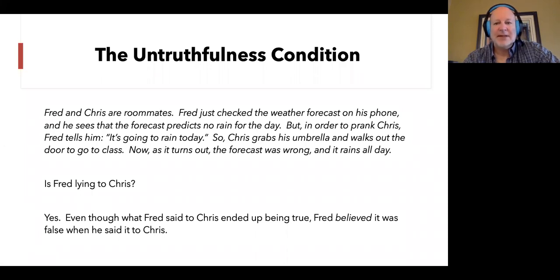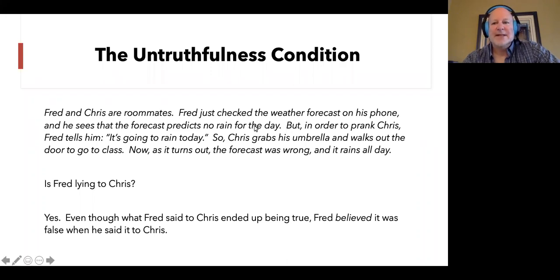He does believe that it's false. He thinks it's not going to rain today because he read the weather forecast, right? So he's saying the opposite of what he believes, so the proposition is untruthful. He clearly addresses Chris when he says it to him, so the third condition is met, and he's certainly trying to deceive Chris by getting him to believe the opposite of what Fred thinks is true.